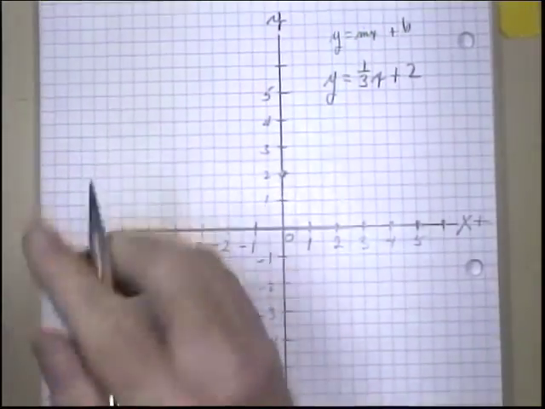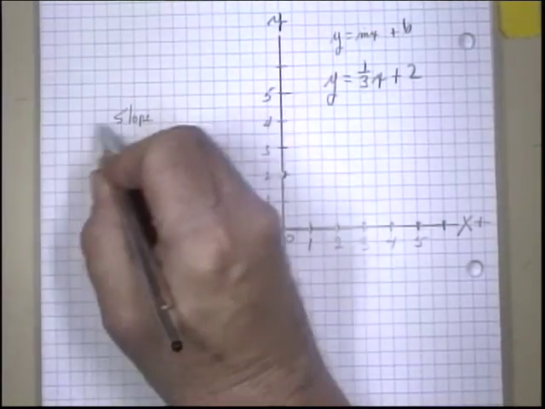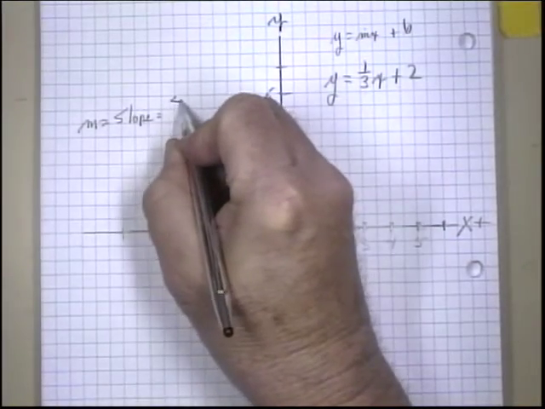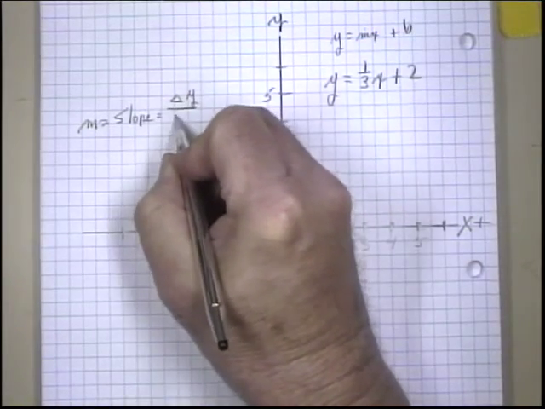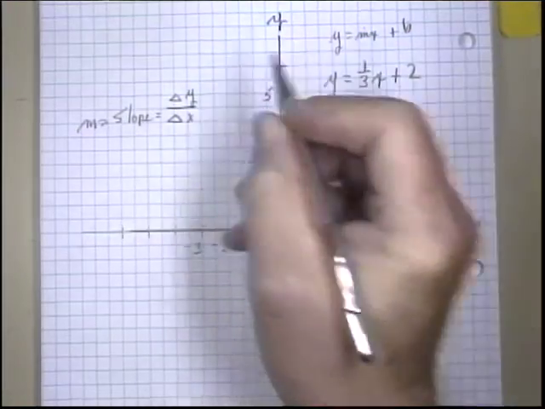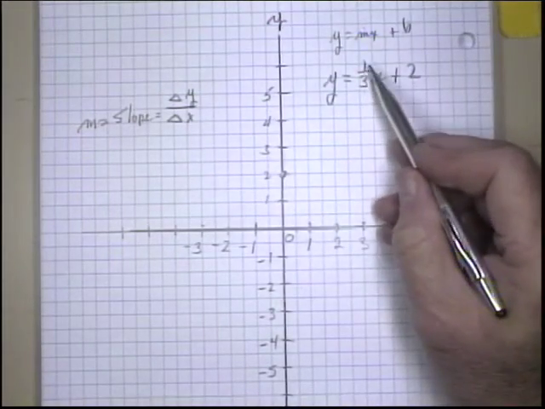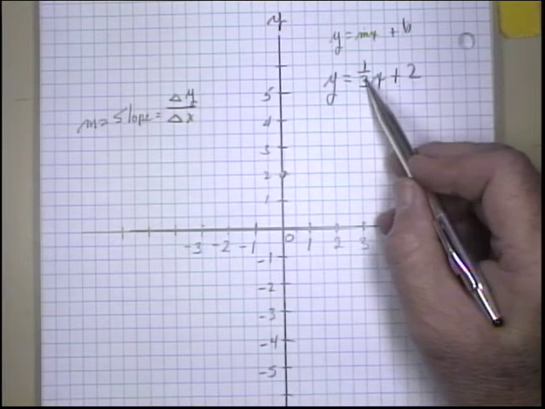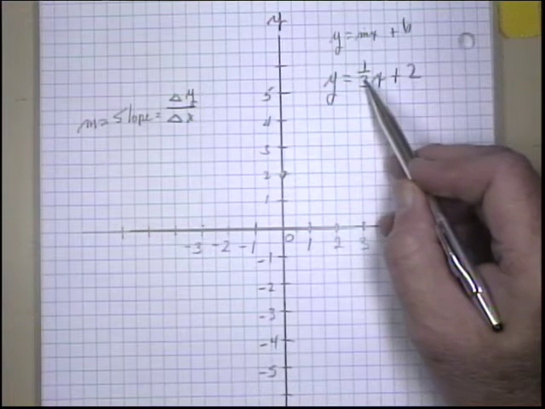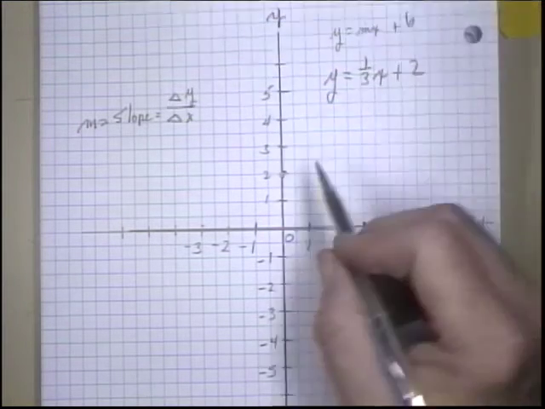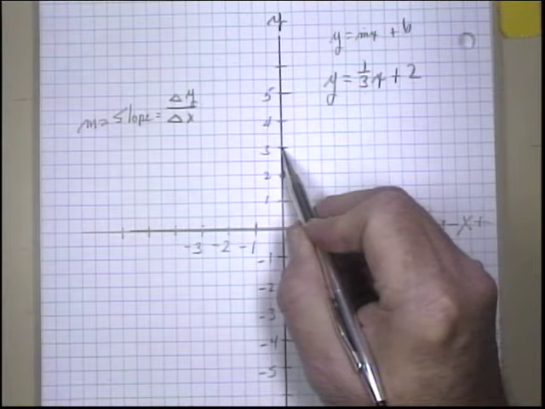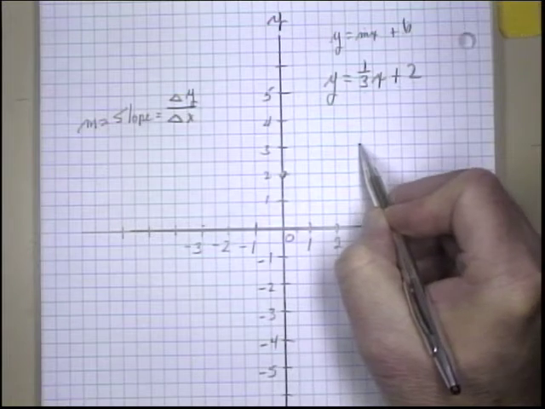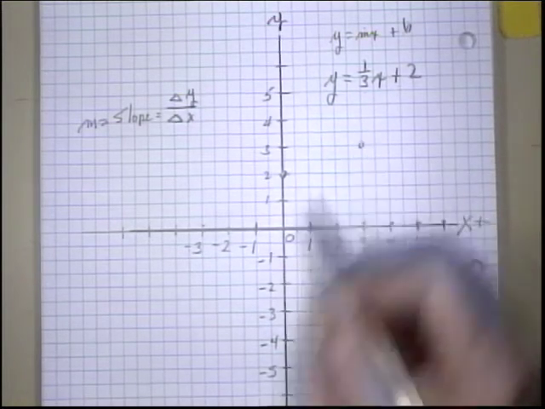Remember, m is the slope, and the slope is the change in y over the change in x, which means we're going to move 1 up in the y direction, and positive 3 in the x direction. So we'd go positive 1 in the y and 3 in the x. So the next point on this line would be right there.